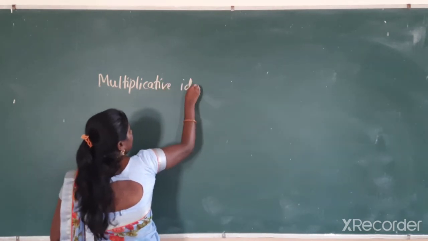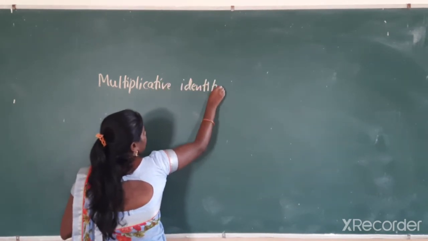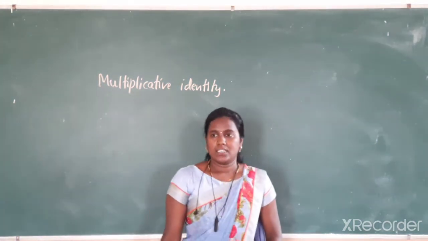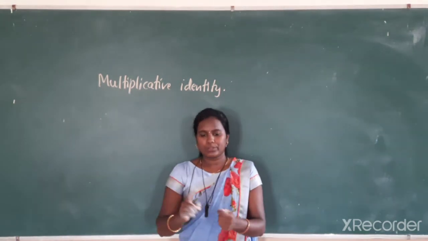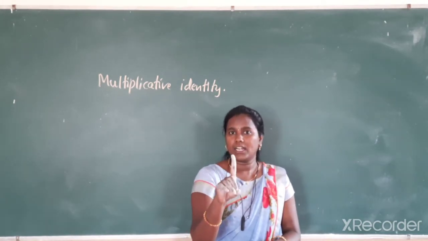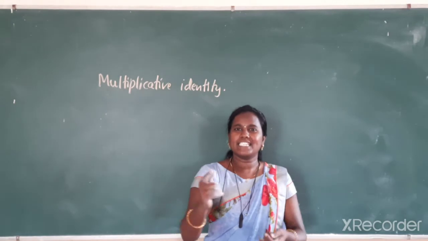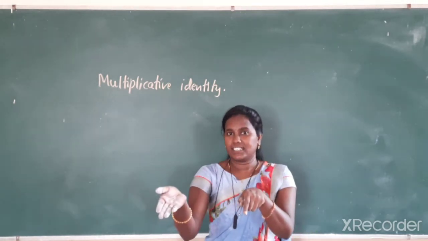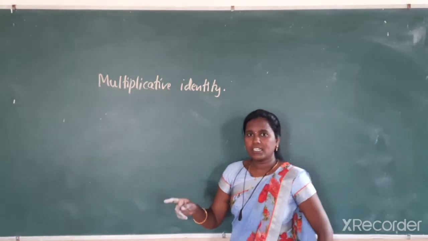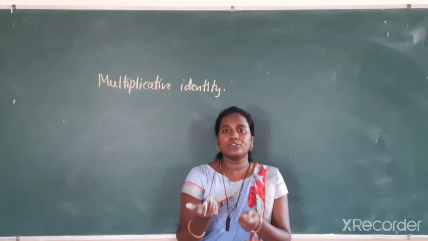What does this multiplicative identity say? It says that when we multiply any integer with 1, the product you are going to get is the same integer. We have seen this for whole numbers also. 1 is the multiplicative identity for whole numbers.